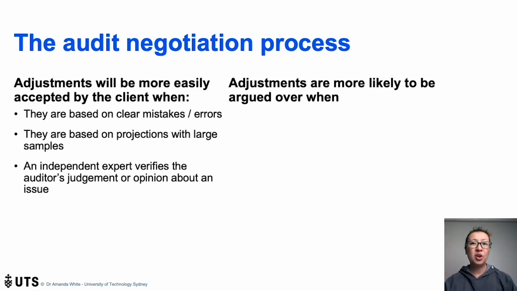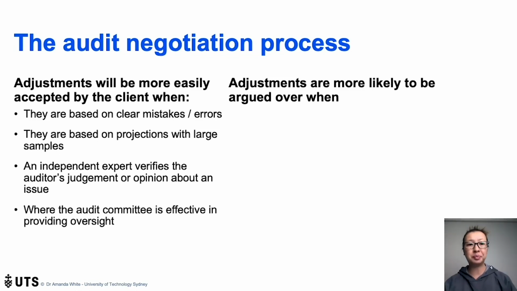Where you've got an independent expert verifying the auditor's judgment, and that's an expert typically that the client respects, whether it's a government body or somebody in the industry, an independent expert goes a long way to saying, look, it's not just us, the auditor, the independent expert thinks that an adjustment is needed as well.